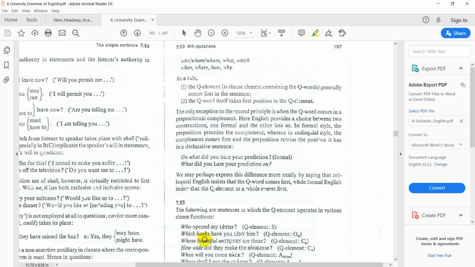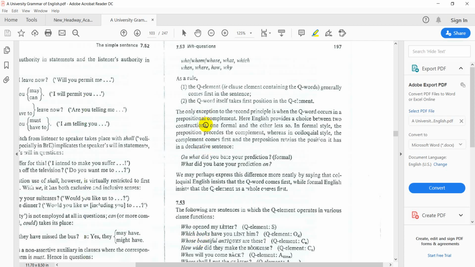Both come in initial position. Two, the cue word itself takes first position in the cue element. So if I have this cue element, which books, it is not correct to say books which. No, the WH word should come first, and then the other element.